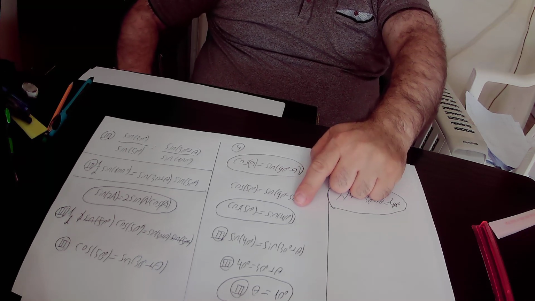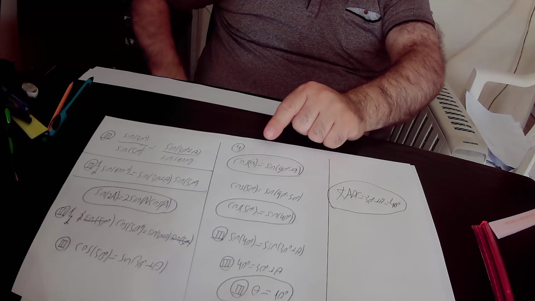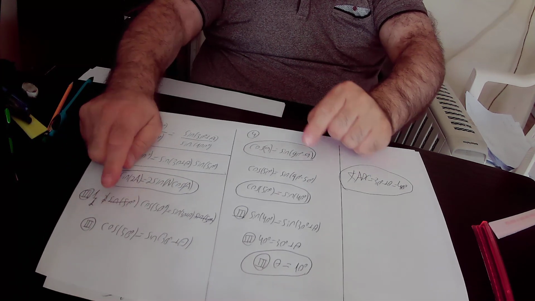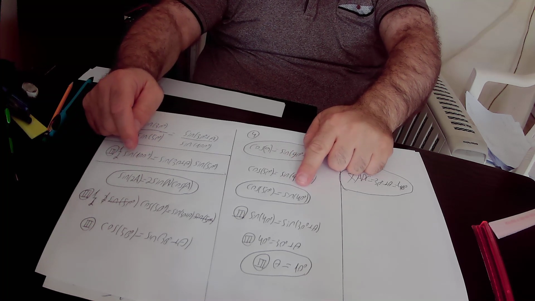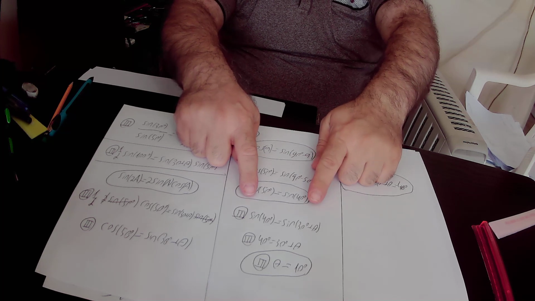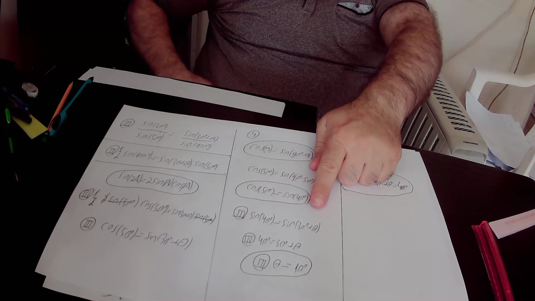Therefore, we can substitute cosine 50 degrees in this equation number 3 by sine 40 degrees because they are equal to each other.